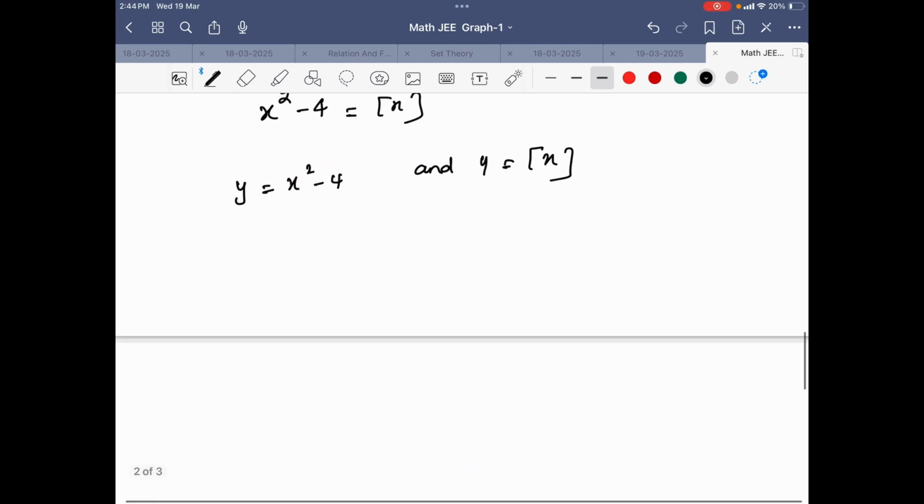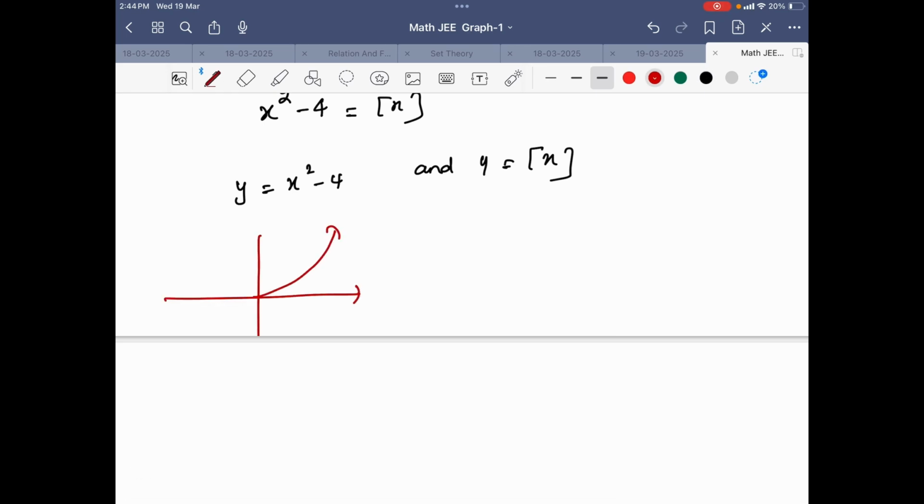You already know the x square graph, this simple upward parabola. Why upward? Because the leading coefficient is 1, a is greater than 0. Just here minus 4 is there, so shift 4 units down. So y is equal to x square minus 4.